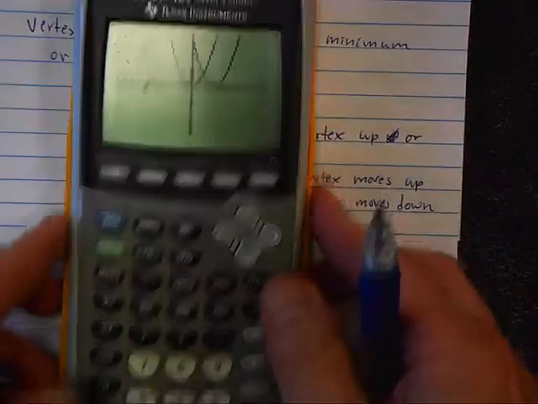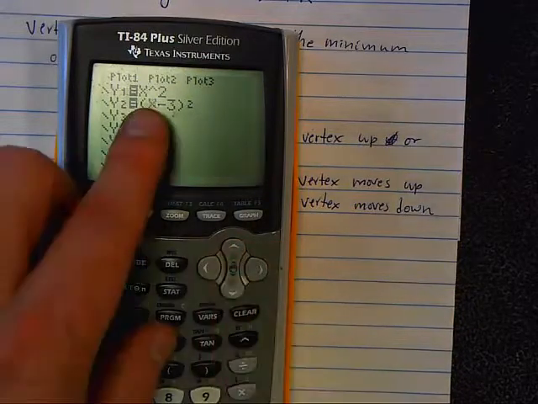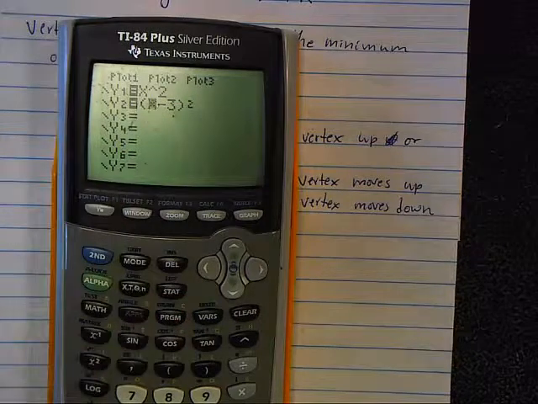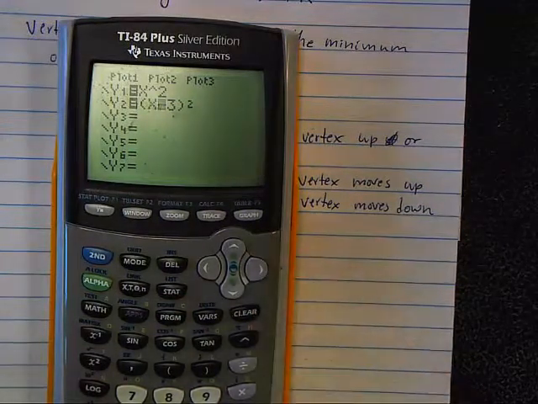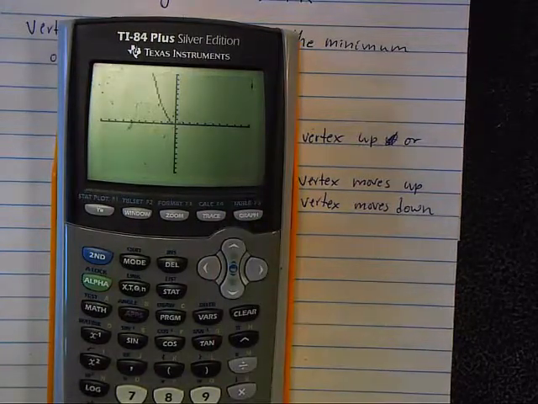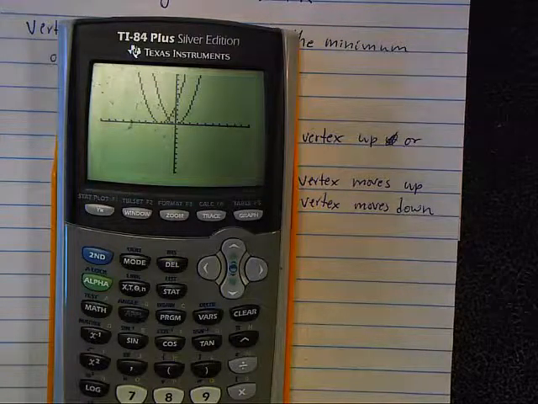Now what happens if I plug in a negative number? Then I'm going to have x minus a negative number. But how would we usually write x minus a negative number? We would write it as x plus. So what if I do x plus 2? Here's my original parabola, and the x plus 2 moved the graph to the left.